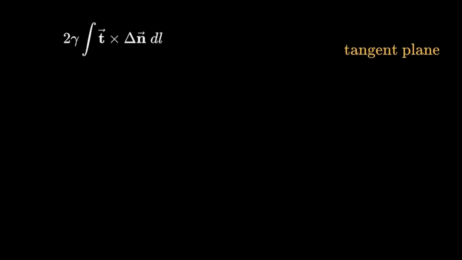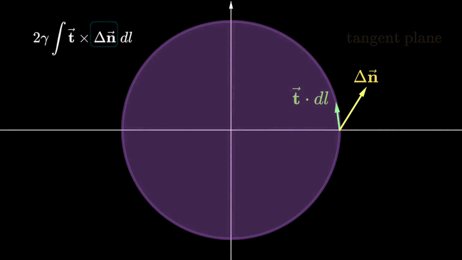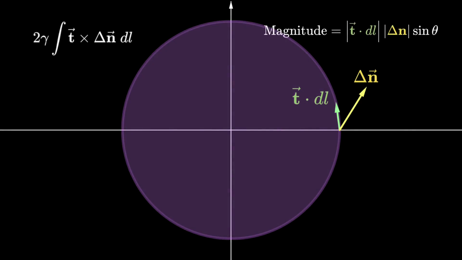So let's focus on the tangent plane. The small piece of the surface can now be projected entirely flat on this tangent plane, and the vector t times dl will be a small vector going around the boundary, and delta n is just some vector on the plane. The magnitude of the cross product would be the product of the lengths of these vectors times sine theta, theta being the angle between the vectors.